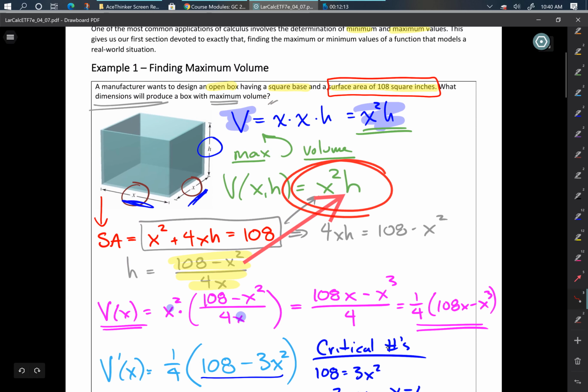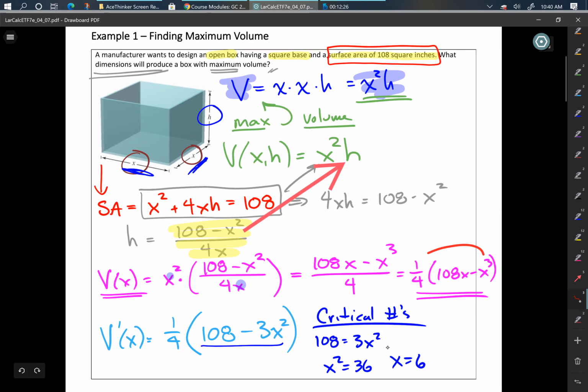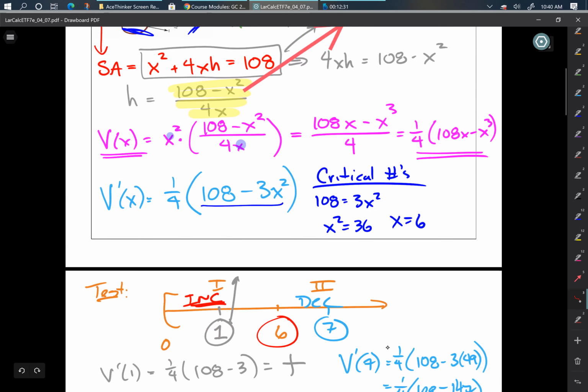If I can't maximize it because it has extra variables, I find some other piece of information, write some secondary equation to do a substitution to turn 2 variables in this case into 1 variable. Once I get it down to 1 variable, then I do what I learned in the section on extrema.